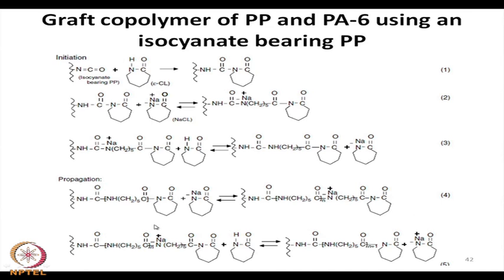So, in the long run, if somebody wants to develop the property of a polar polymer on a non-polar polymer, this is the way one can proceed.